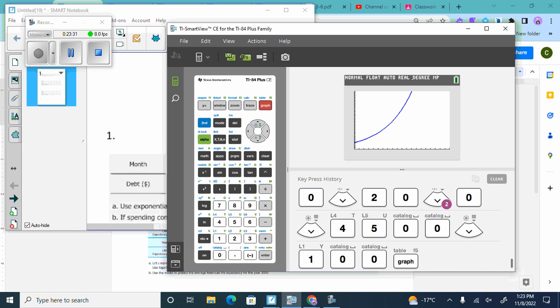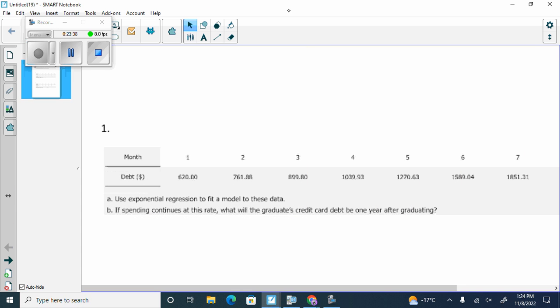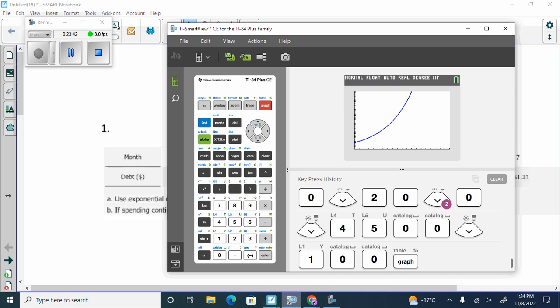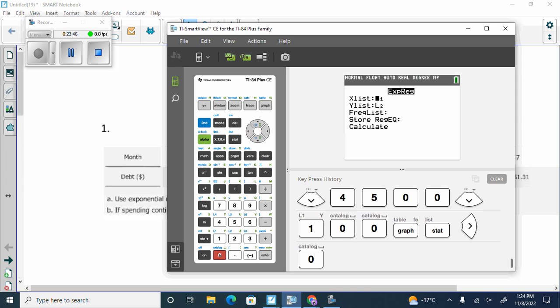Okay, so this one specifically asked us to write out the equation. So I just want to show you how you write the equation. We're going to go back to that same spot. I'm just going to recalculate my equation. So I'm going to stat, calc, and then 0. So this is my equation. It goes y equals a star b hat x.